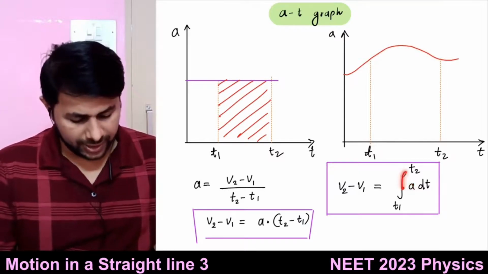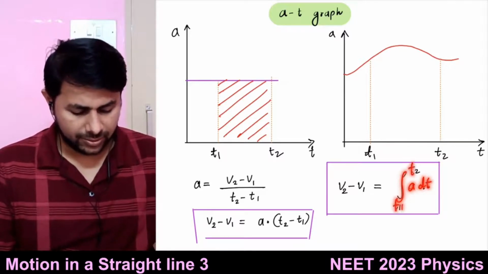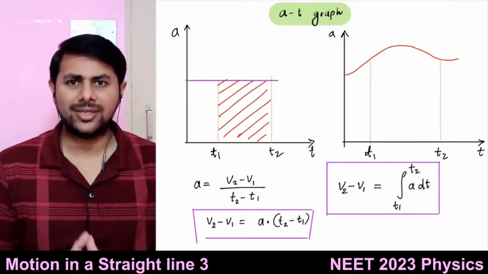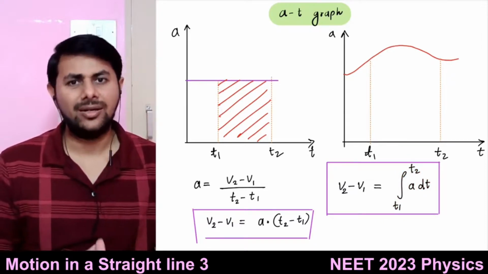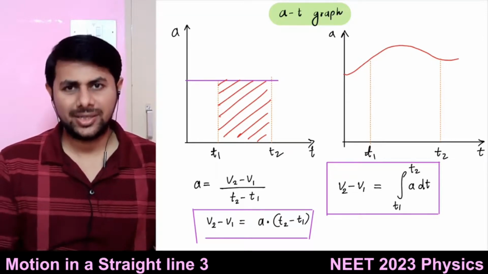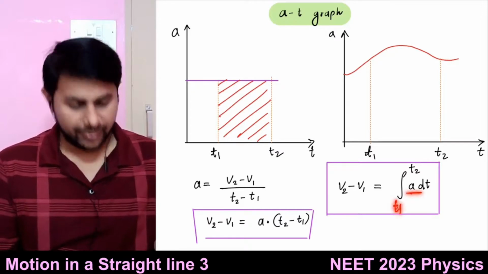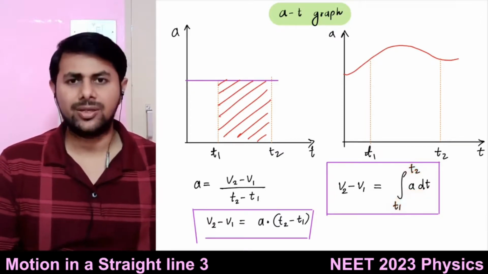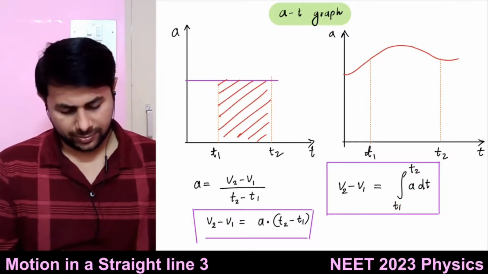So it is integration of a dt from time t1 to time t2. So the area under acceleration versus time graph gives us change in velocity, and mathematically it is integral of a dt from initial time t1 to final time t2. So this is simple. Now let's discuss some problems.